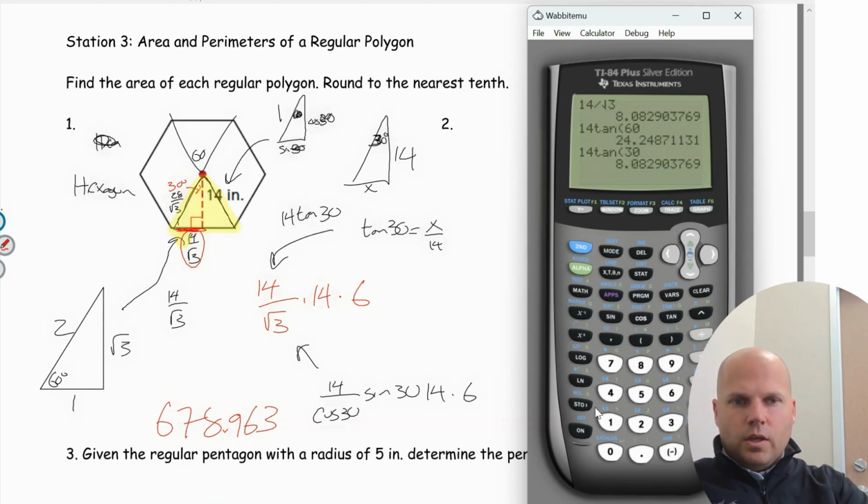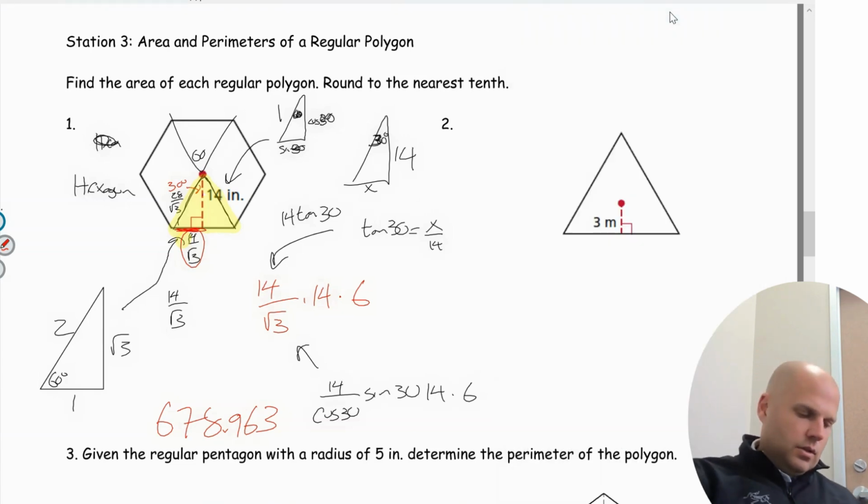There we go. And then if I do 14 sine 30 over cosine 30, I would get that. Oof. Make sure you have the correct angles. My bad.